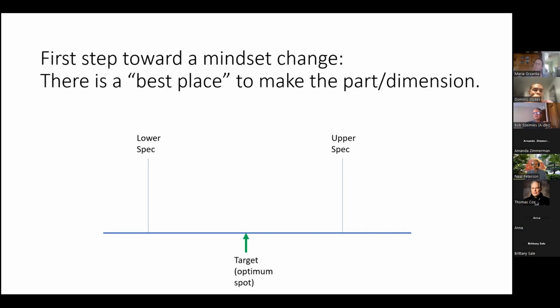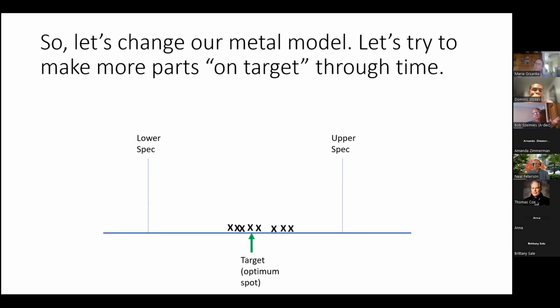There is a best place to make these parts. How about let's try to make more of them around the target. Just that shift from goalposts to, hey, let's try to make them the same is a huge paradigm shift.